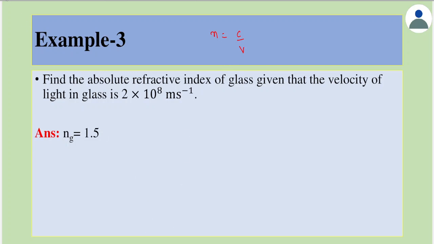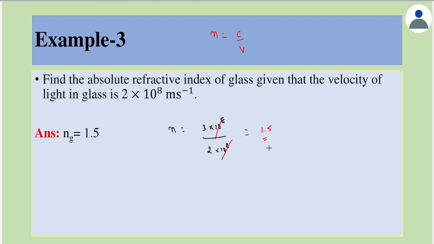So here n is equal to, the speed of light is a constant, which is 3 into 10 power 8 meter per second, and it is given that the velocity of light in the glass is 2 into 10 power 8. So it becomes 3 by 2, which is 1.5. Here n is equal to 1.5.